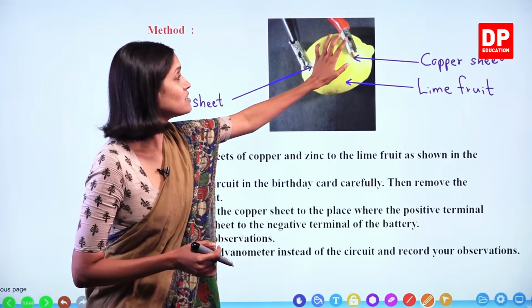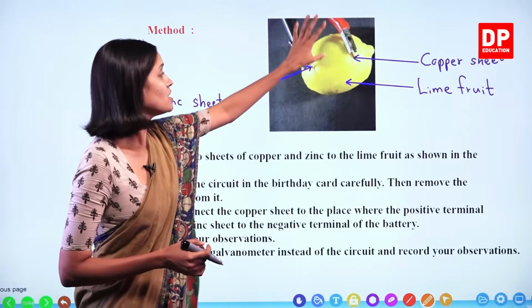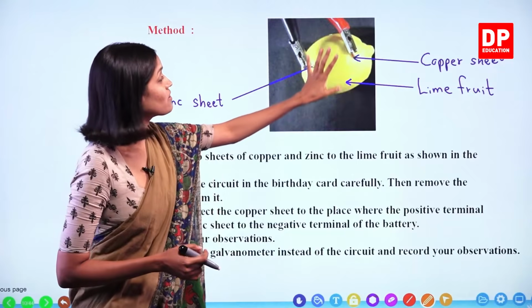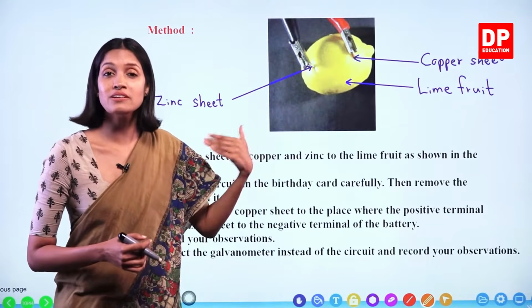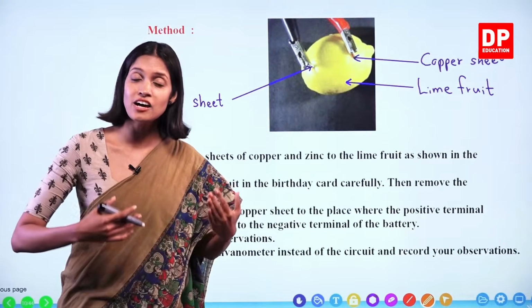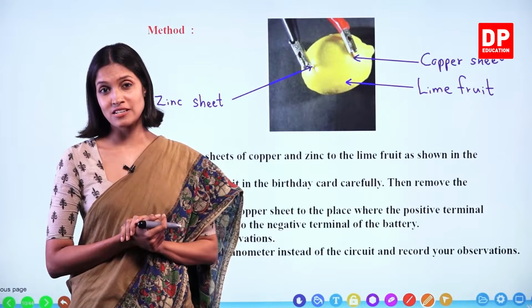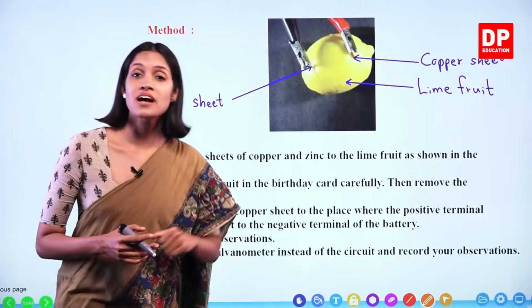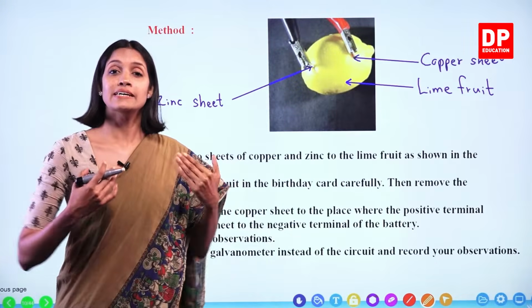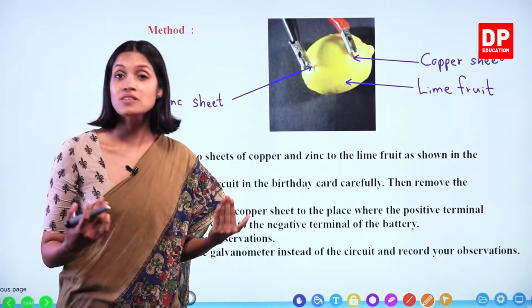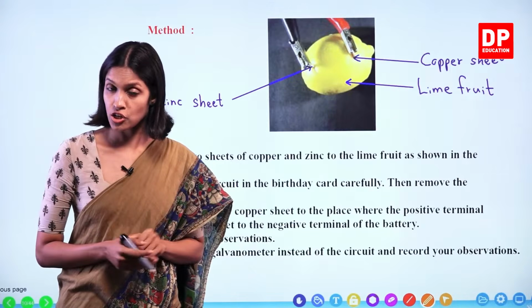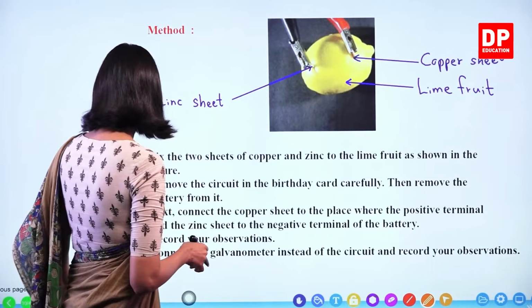So when you insert this copper sheet and zinc sheet into this lime fruit, they react with the acid and a chemical reaction takes place, and thereby electricity is generated. So this is a very good example that we can show that using chemical reactions, electricity can be generated.